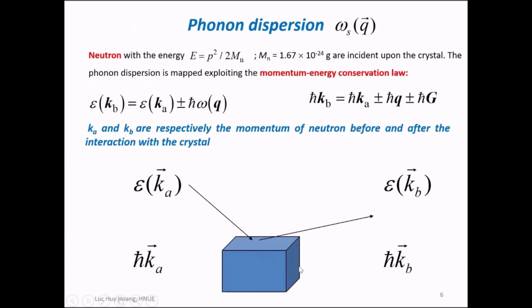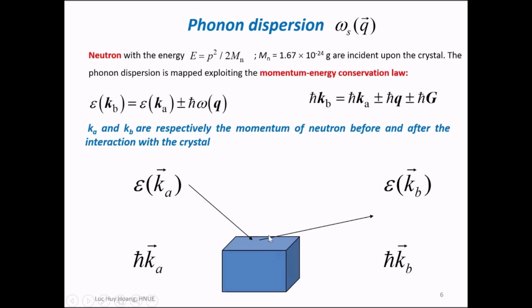It's like a black box, and we assume that inside there is the phonon, because we cannot take the phonon out, because the phonon is a quantum of vibration, right? But we see that the phonon has energy. The phonon has a momentum. So how do we get the information of the phonon?